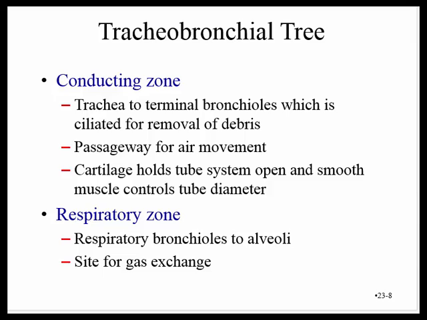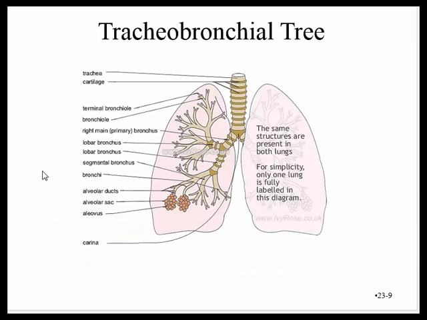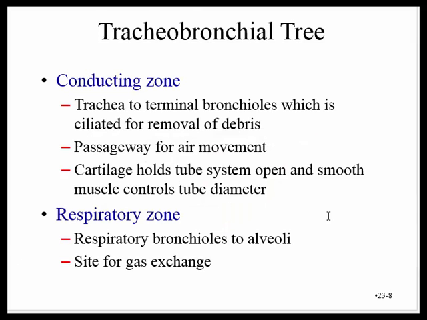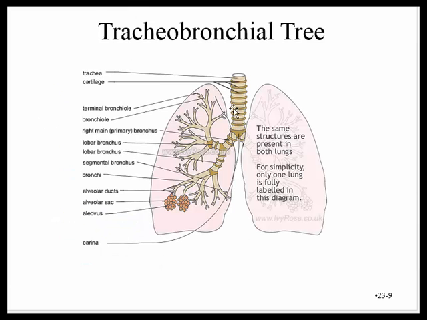Once we move out of the trachea, then we're going to move into this sort of network of cartilaginous pathways, air passageways that move into our lungs. So I'm going to kind of show you this slide as well as the one next to it to deal with that, and we'll also go through these structures in the lab material. This is called the tracheobronchial tree, because if we look at this picture, we've got the trachea that we just talked about, and then the trachea is going to divide into what are called the bronchi, or bronchus for singular.